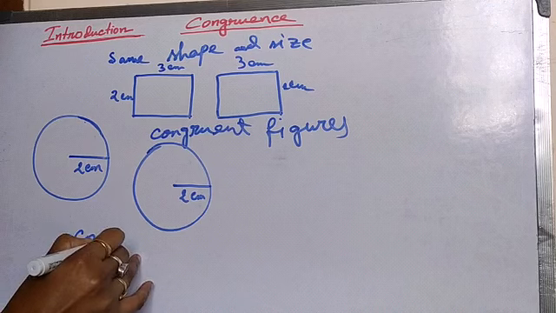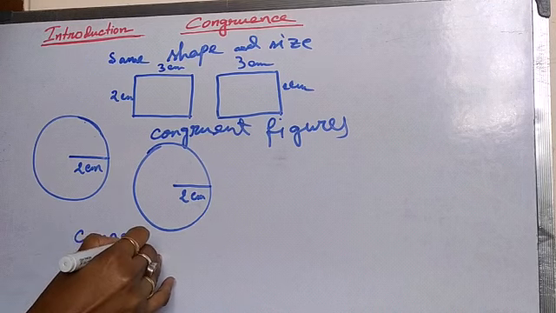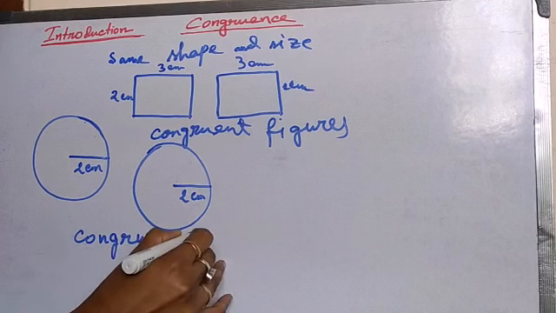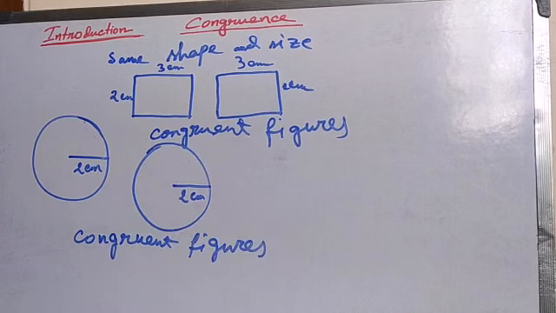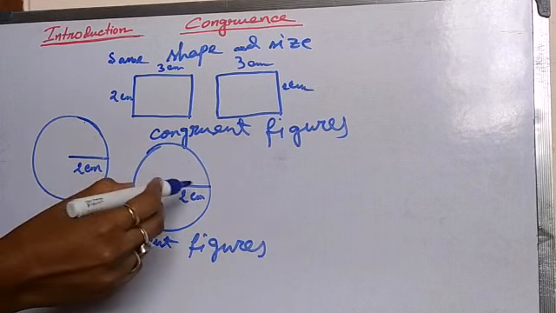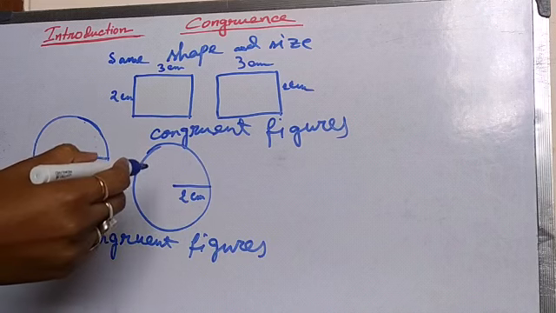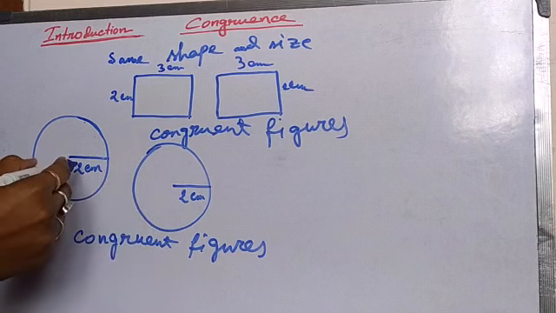This is also a congruent figure because both have the same size, because both have the same radius.